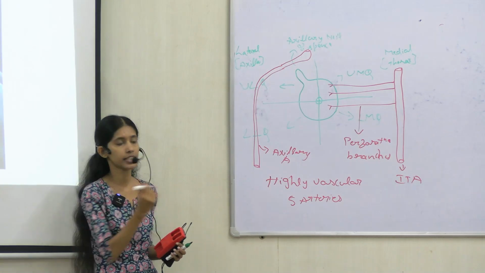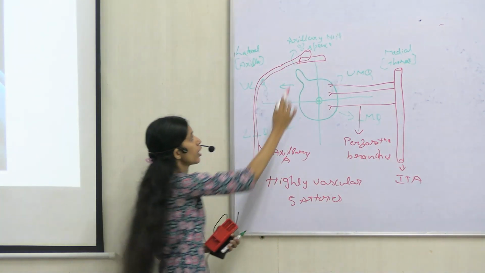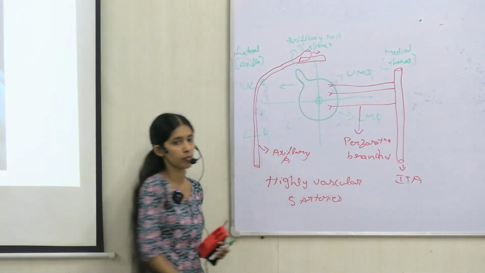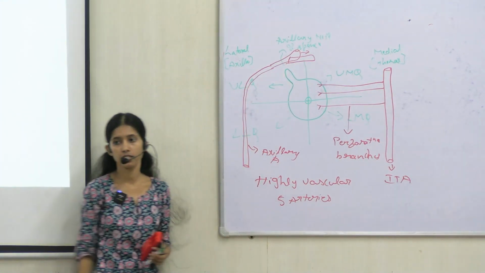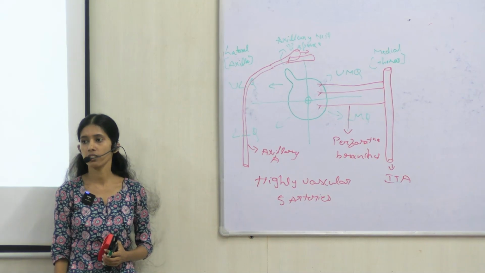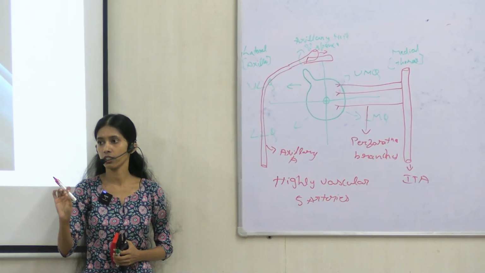Now imagine we have the clavicle here. Above the clavicle this is called the subclavian artery. Below the clavicle this is called the axillary artery. Your axillary artery has three parts: first part, second part and third part.